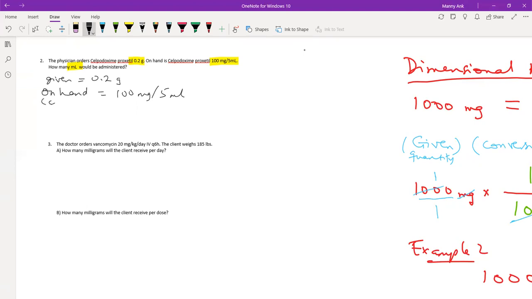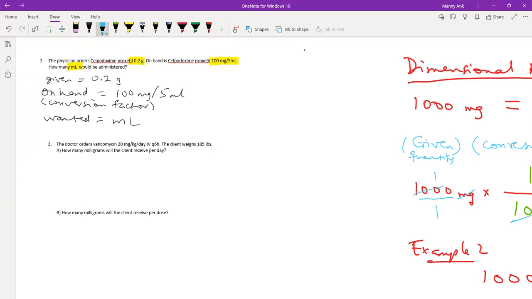And the wanted is what you want to end up with, ml. So what do you have to do? We have to play with the given information in order to get to the wanted. So let's see how we can set this up.